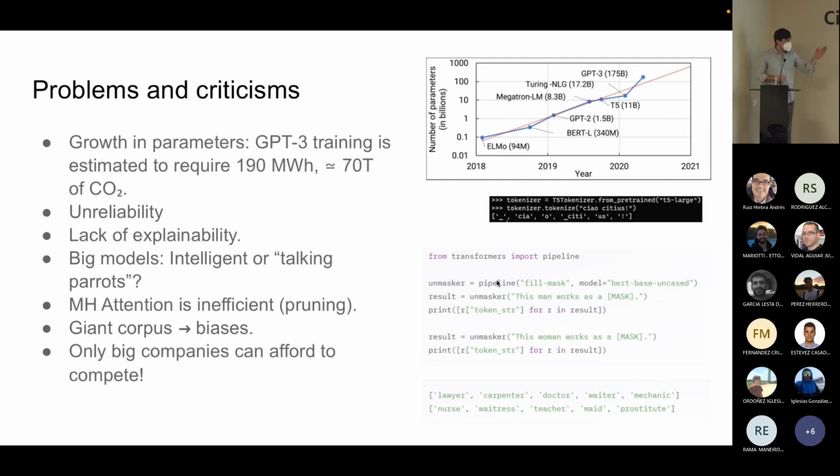We also have to take into account environmental concerns, like for example, GPT training is estimated to require that amount of electricity and carbon emissions.